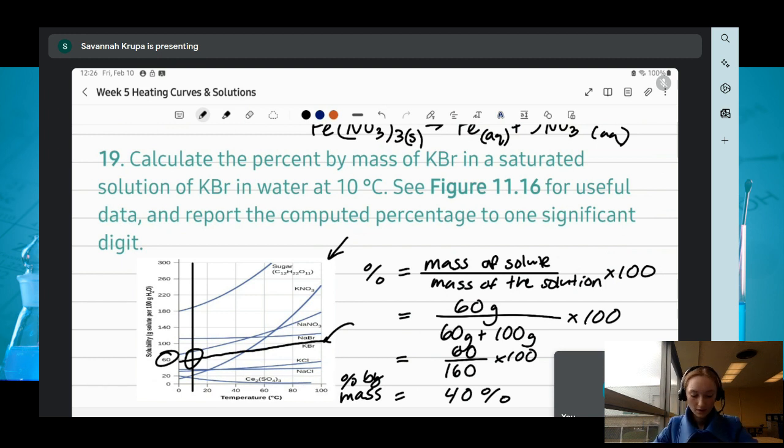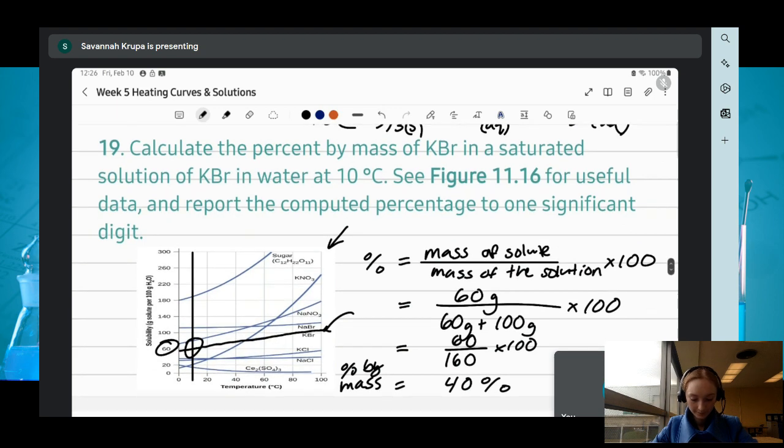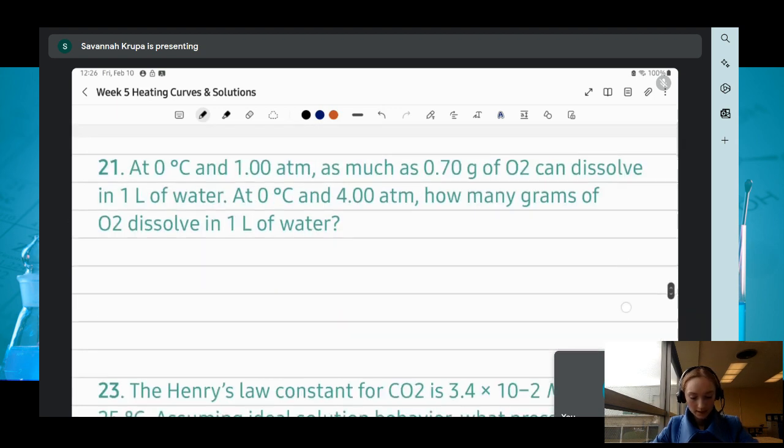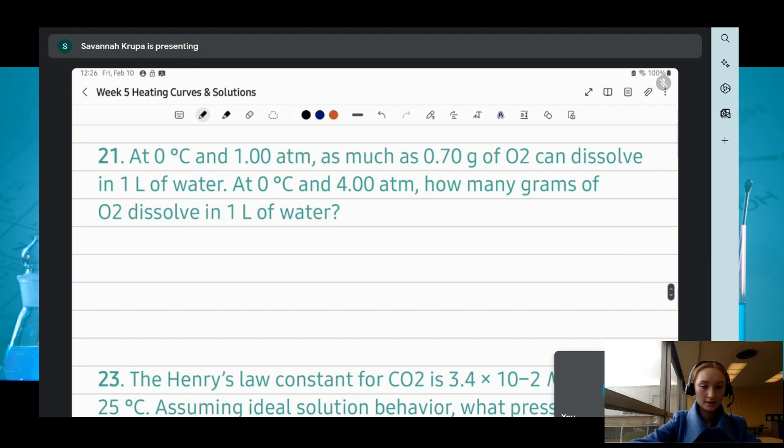Okay, so let's move on to the next problem here. So 21 says at 0 degrees Celsius and 1.00 atmospheres, as much as 0.70 grams of O2 can dissolve in 1 liter of water. At 0 degrees Celsius and 4 atmospheres, how many grams of O2 dissolve in 1 liter of water? Okay, so we're going to be using this equation here before we figure out what our terms mean.